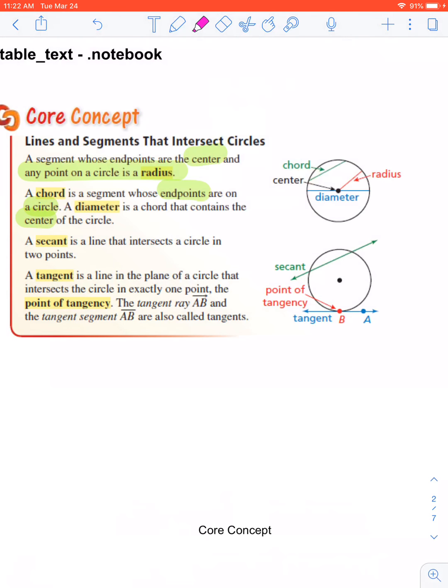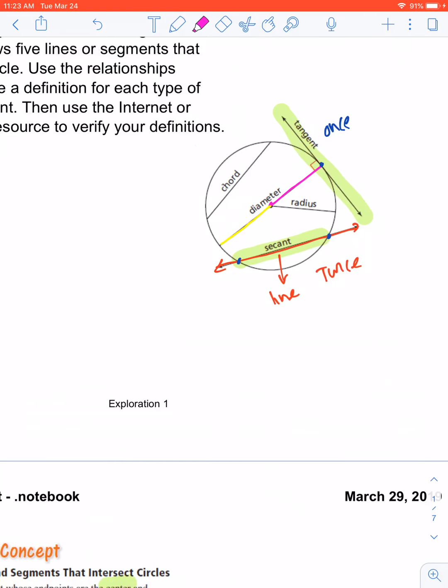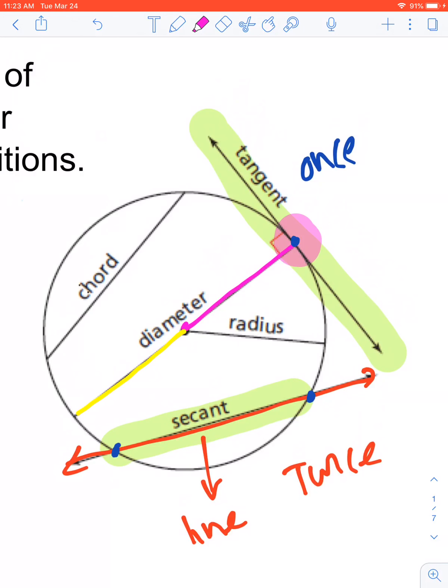A secant is a line, guys, a line that intersects twice. And a tangent is a line that intersects once, and that one place where it hits is called the point of tangency. So in our previous example, this would be our point of tangency.